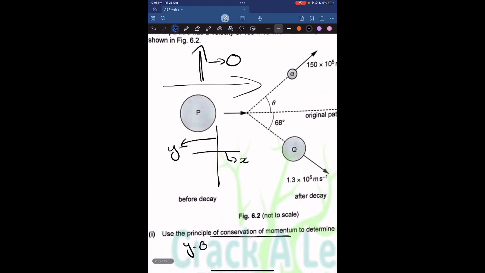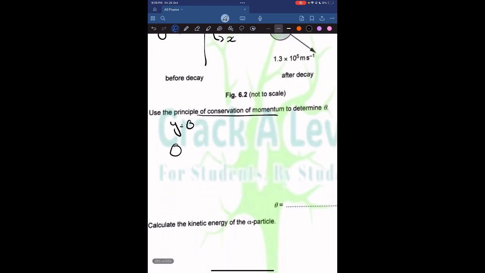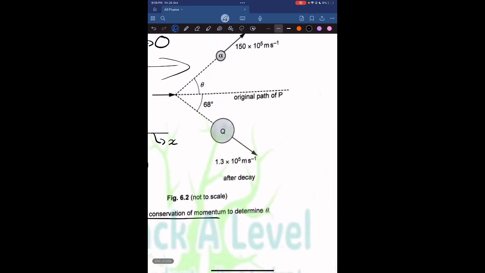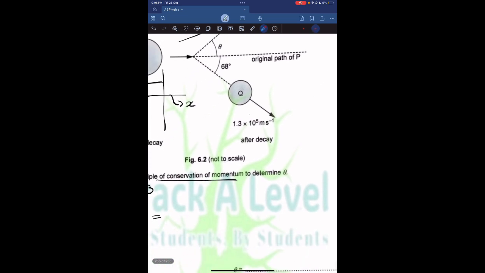So in the y-axis, its momentum before decay was 0, meaning after decay it must also be 0. We can see that the alpha particle is moving upward while nucleus Q is moving downward. When you add the two values together, you get 0.